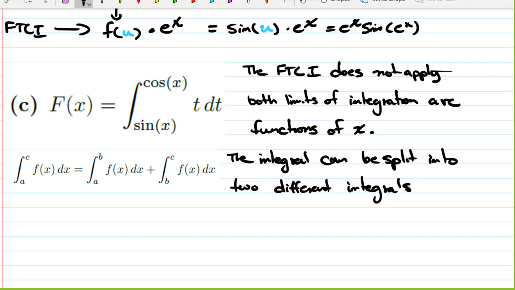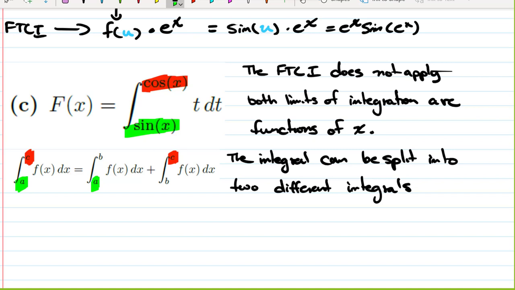So it says if we have the integral from a to c, so I'm going to call this my a, and I'm going to call this my c, I can split it up into two different integrals with any number I wish in between.